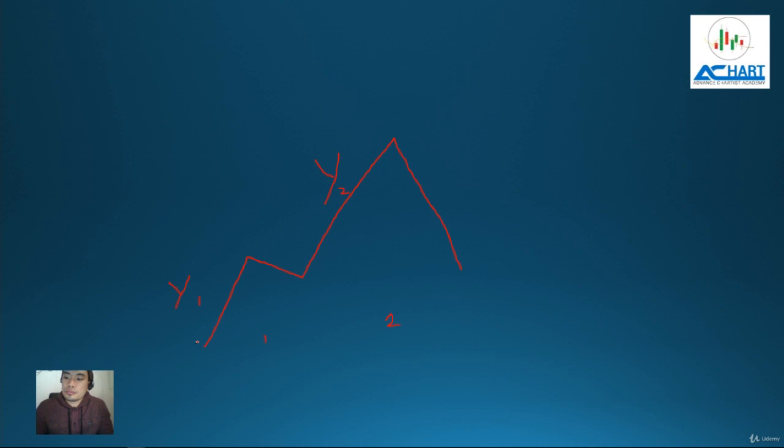All right, so we can see that price trend number 2 is higher than price trend number 1. So we can conclude that it is a strong trend for uptrend.